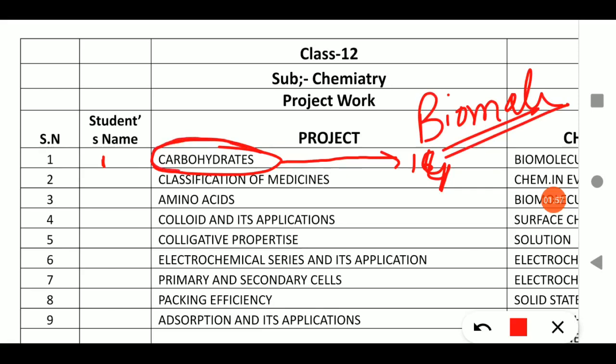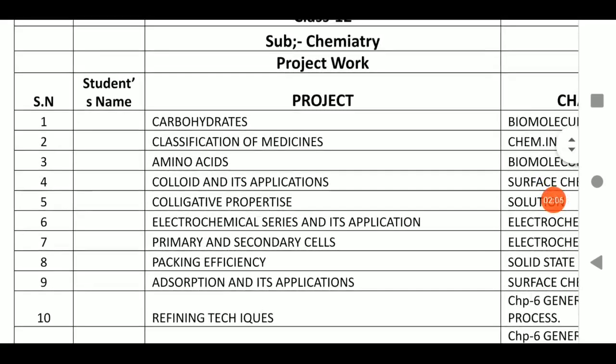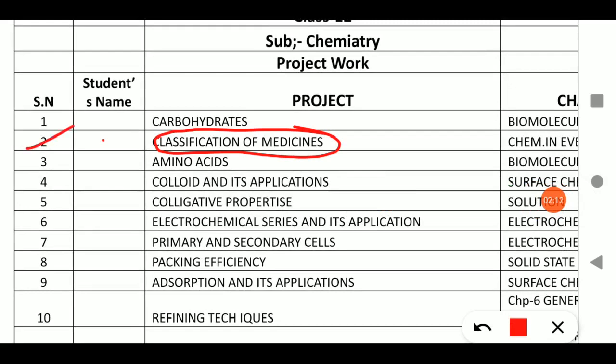When you study the chapter biomolecules, you will get a topic that is carbohydrate. Roll number 2 will get the classification of medicine. The name of the project is classification of medicine, for 11th class roll number 2.